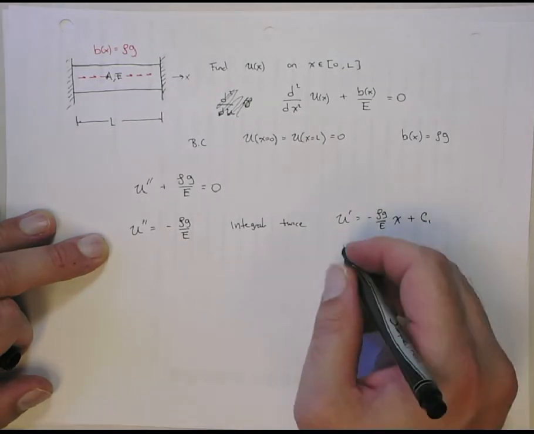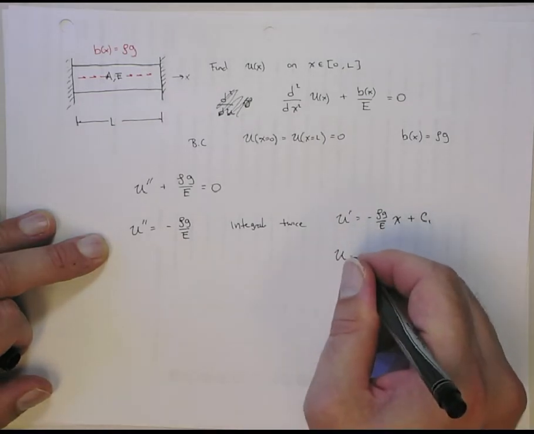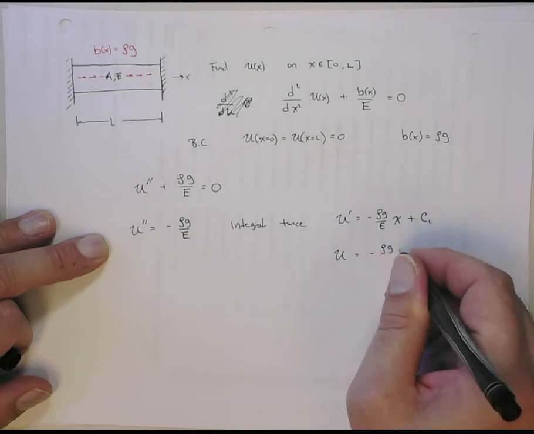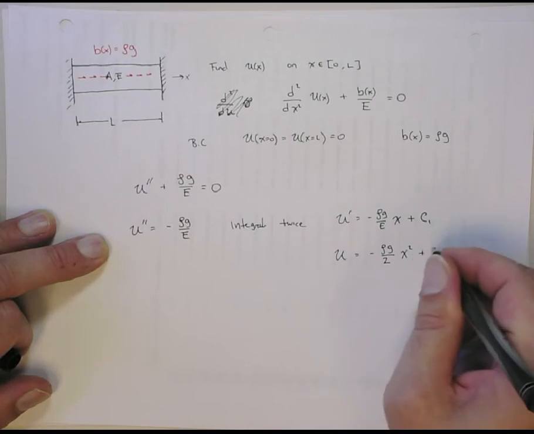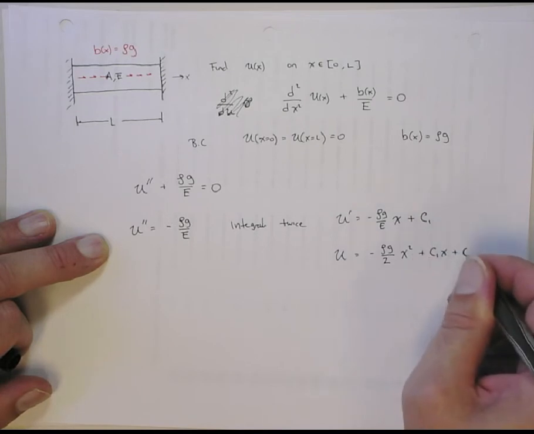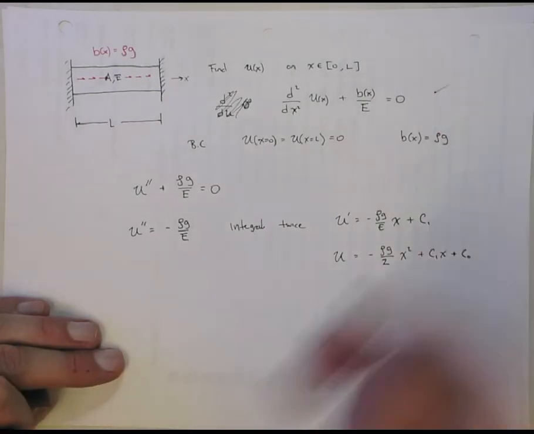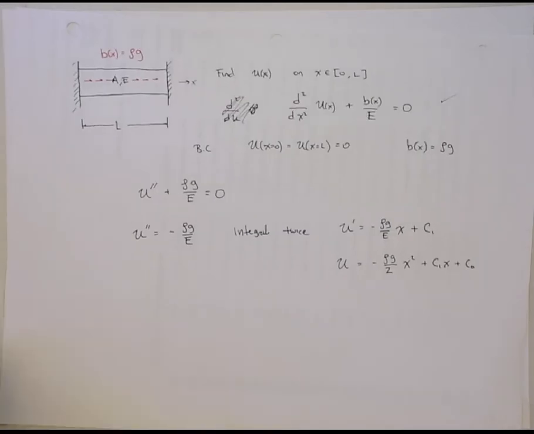And if we integrate it again, I get u is equal to minus rho g on 2E x squared plus C1 x plus another constant of integration, C0. Okay, we solve for the constants of integration using the boundary conditions. Anything of this form satisfies the ODE or the PDE.